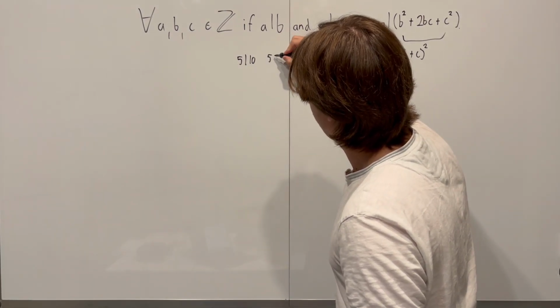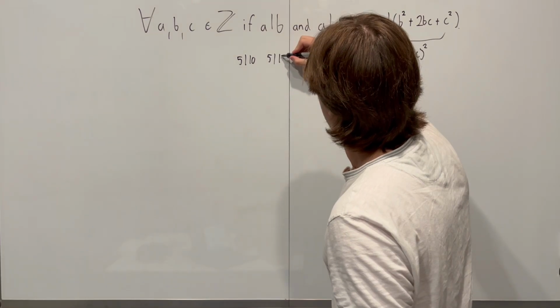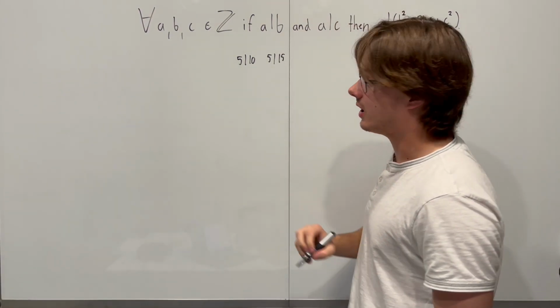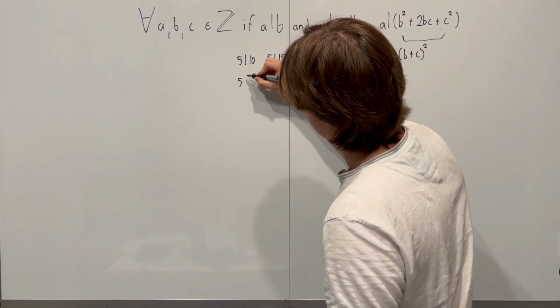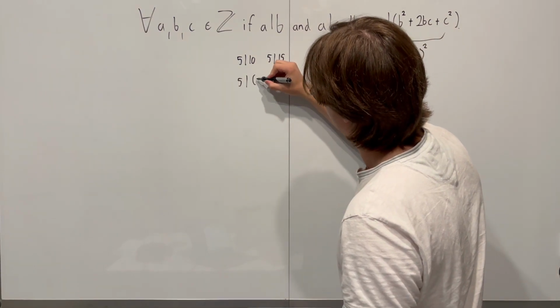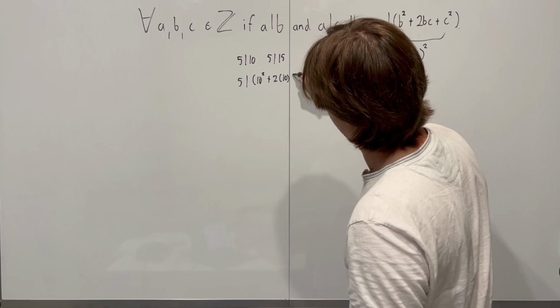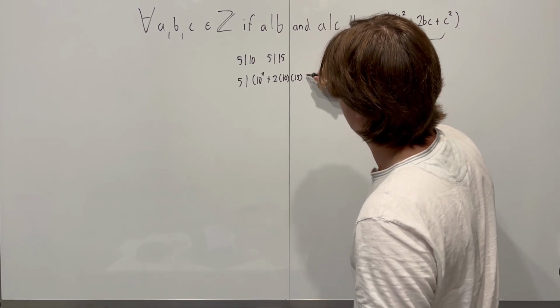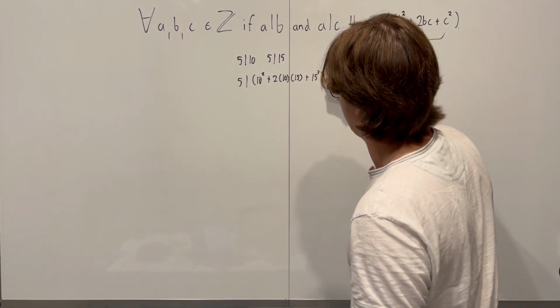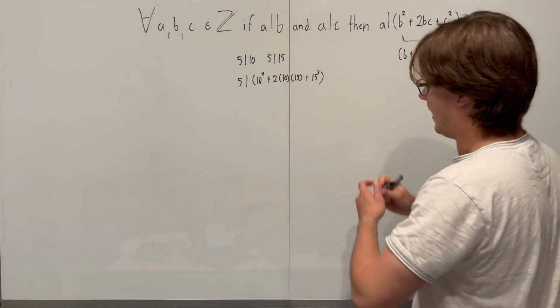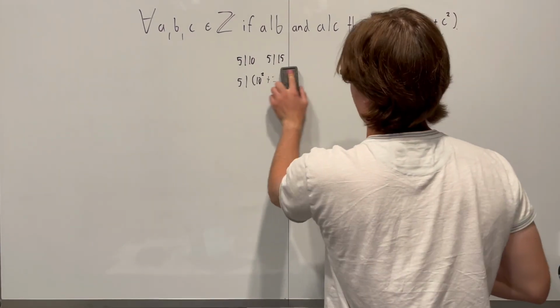So let's do 5 and 10 and 5 and 15. So what we're really asking is, does 5 divide 10 squared plus 2 times 10 times 15 plus 15 squared? Bad example. 15 squared is a difficult thing to compute.